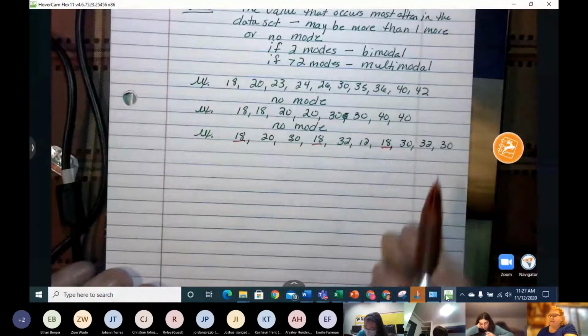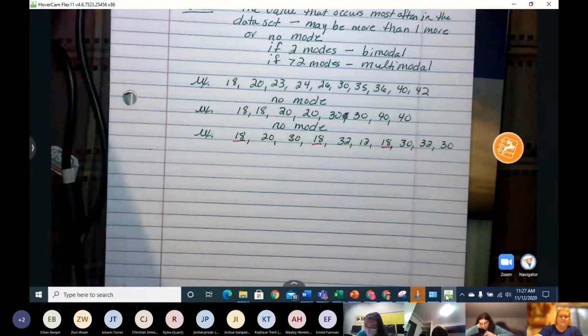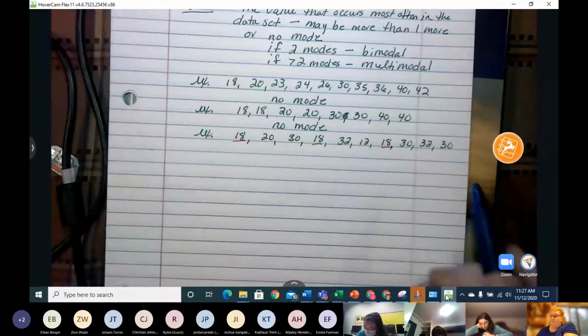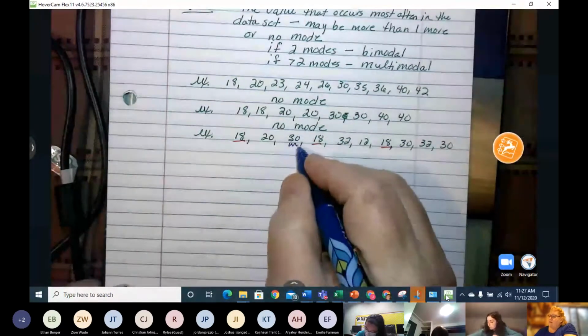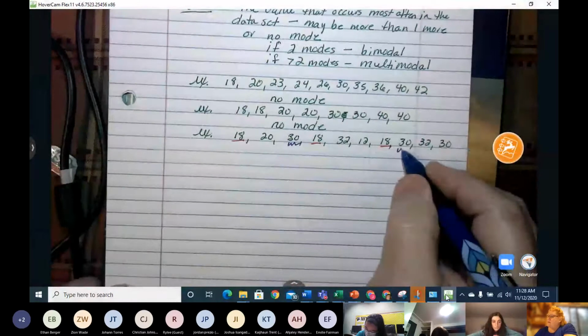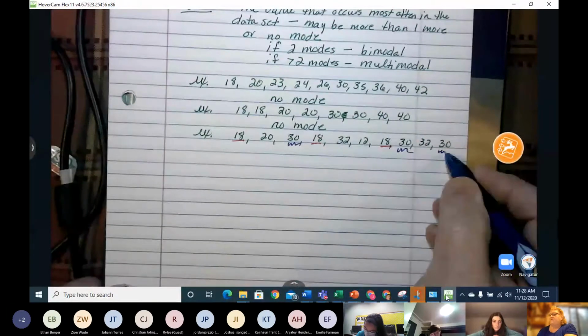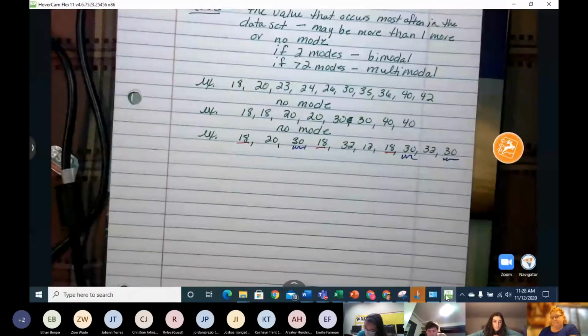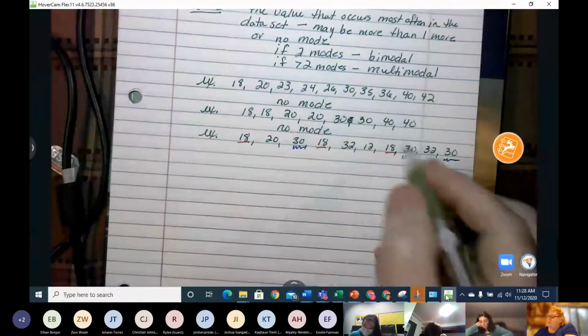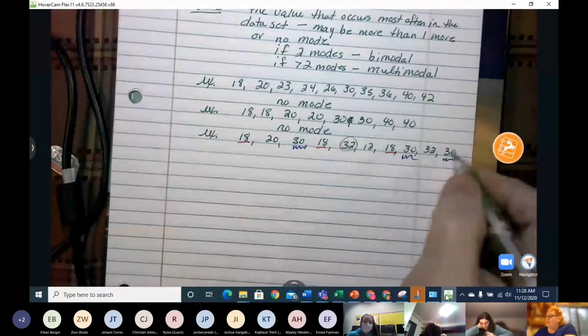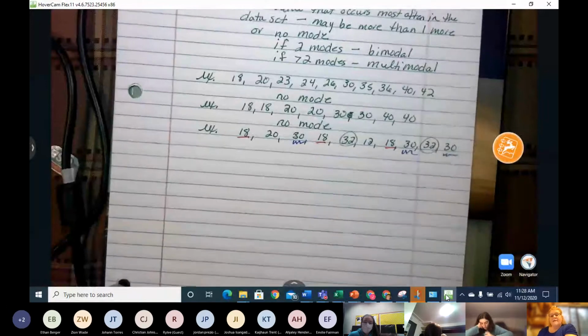It occurred 3 times. If we look at the value 30, it occurred more often than some. The value 32 occurred more often than some.